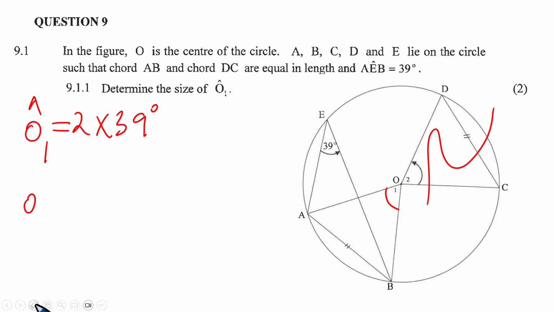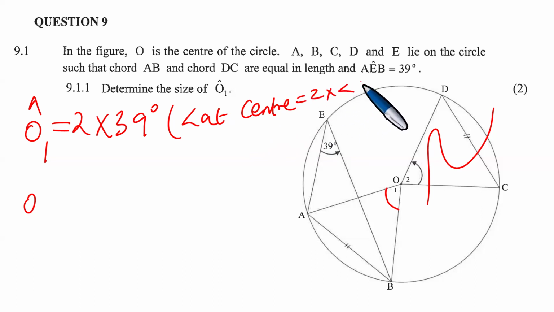Because of the theorem that we just discussed: the reason is angle at center equals 2 times angle at circumference.